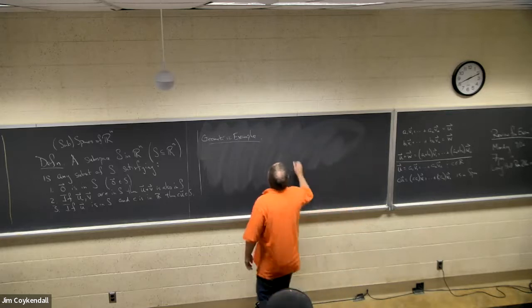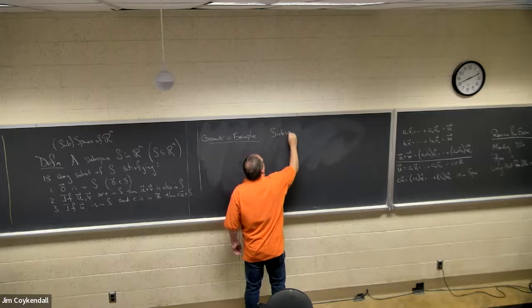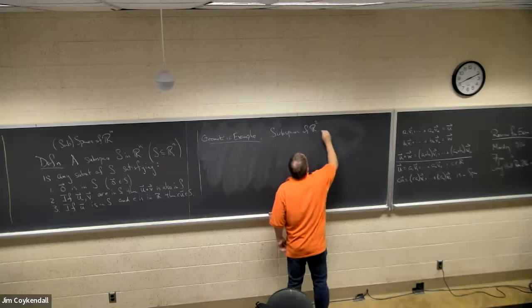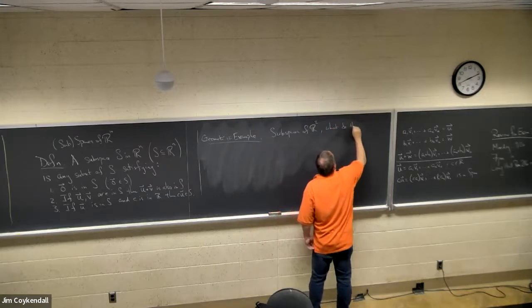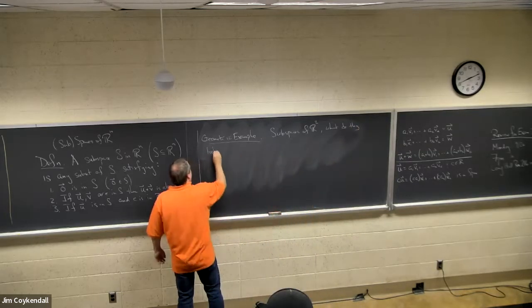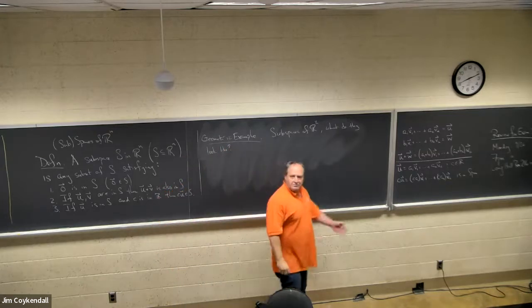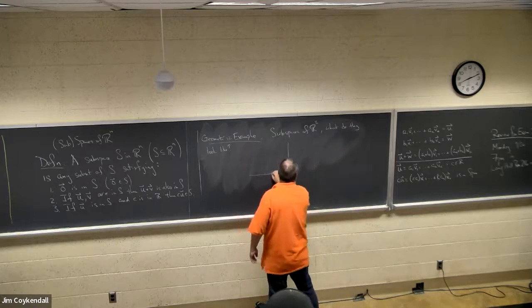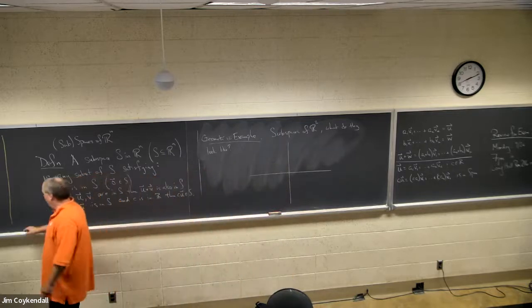Here, what are the subspaces of R2? What do they look like? I did promise to be geometric, so let me draw a picture.